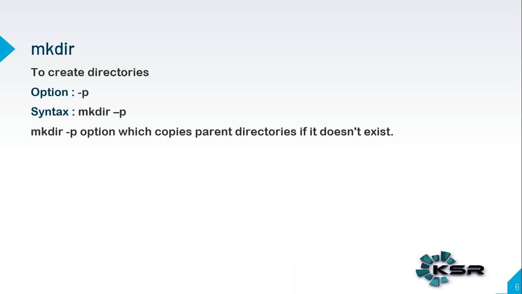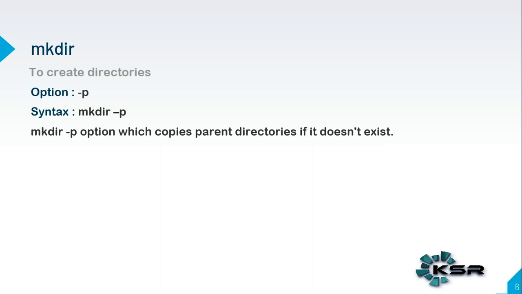Next is mkdir. mkdir is the command used to create directories, and the option we have is hyphen p. The mkdir hyphen p option creates the parent directories if they do not exist.